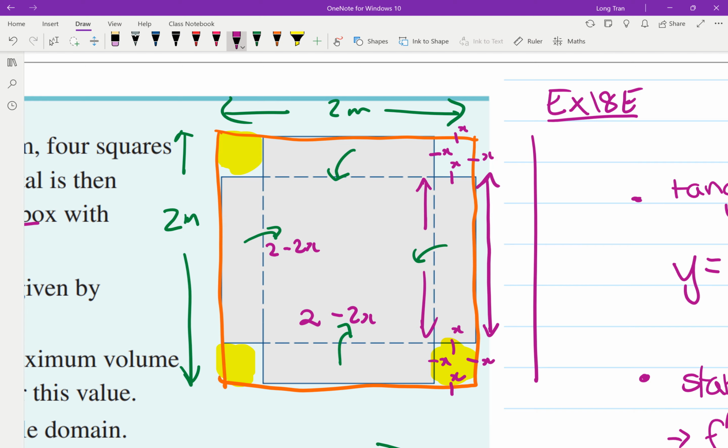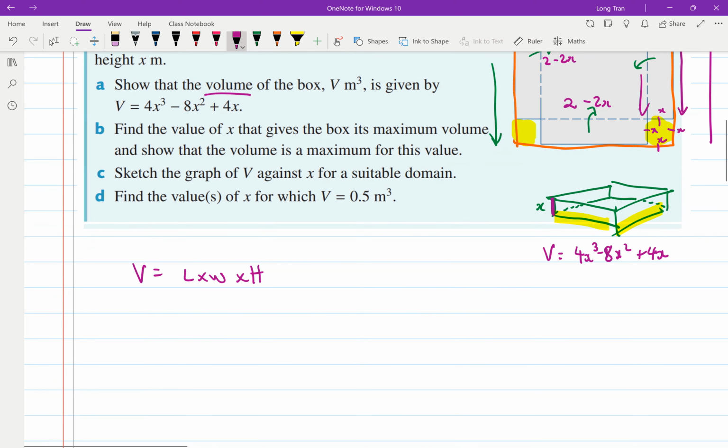So answering the question now, length and width I have. I know this is 2 minus 2x, and I know this is 2 minus 2x. So length times width times height: 2 minus 2x multiplied by 2 minus 2x times the height, x. This is the model, but you need to prove that it will turn out to be this. So I can expand the brackets.